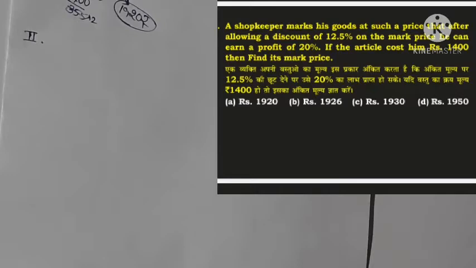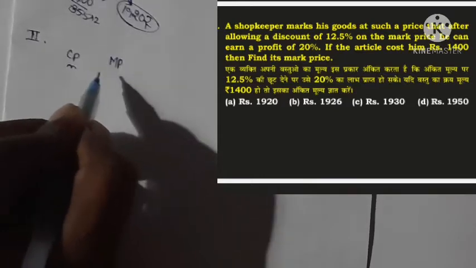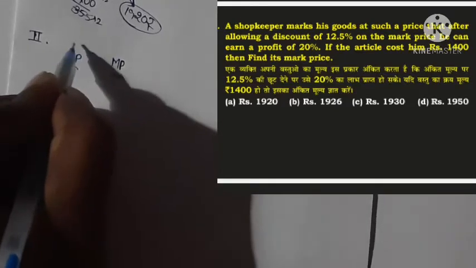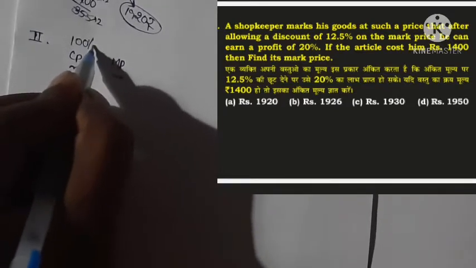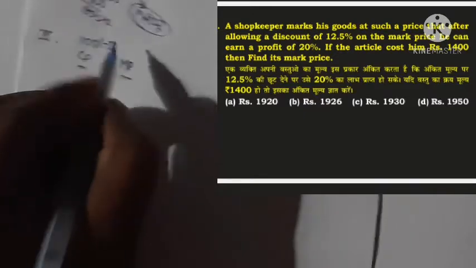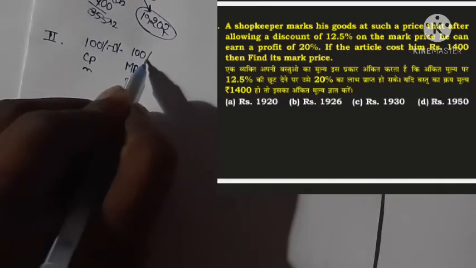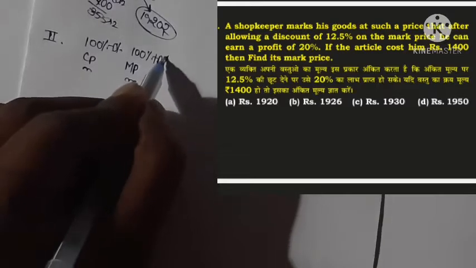Here they are giving the cost price and asking for the market price. There is a relationship between cost price and market price. It is 100% minus discount percentage, and for the profit 100% plus profit percentage.